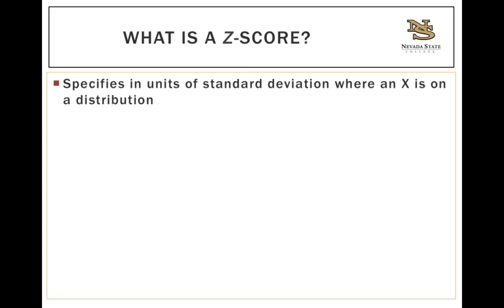So like I've said, a z-score specifies in units of standard deviation where an x is on a distribution. So I want you to take note of this entire definition. The first thing is that you're going to use units of standard deviation. So that means that you're working only within your sample or population.